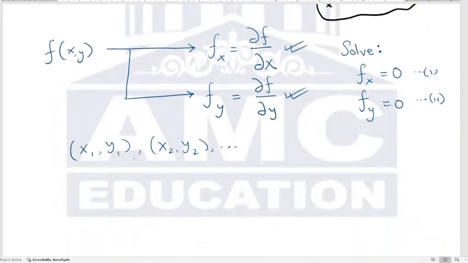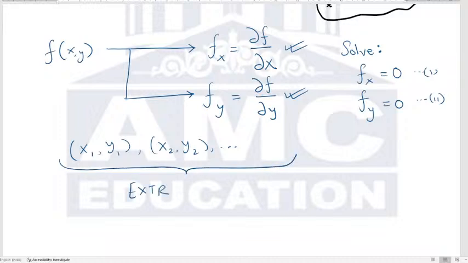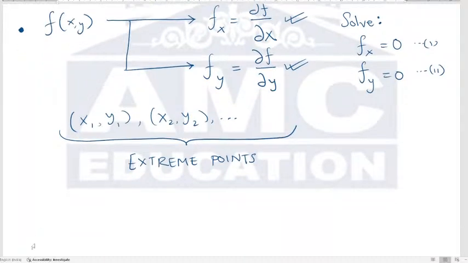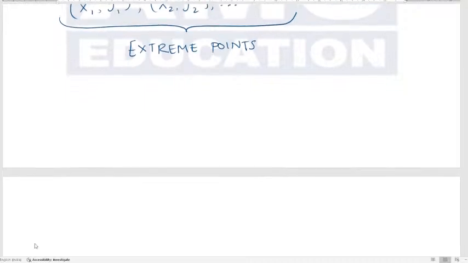These points are called the extreme points. So we identify the extreme points of this particular function f of x y. That's the first job: we find the first order partial derivatives, and we identify the extreme points. The second job is a little tricky.